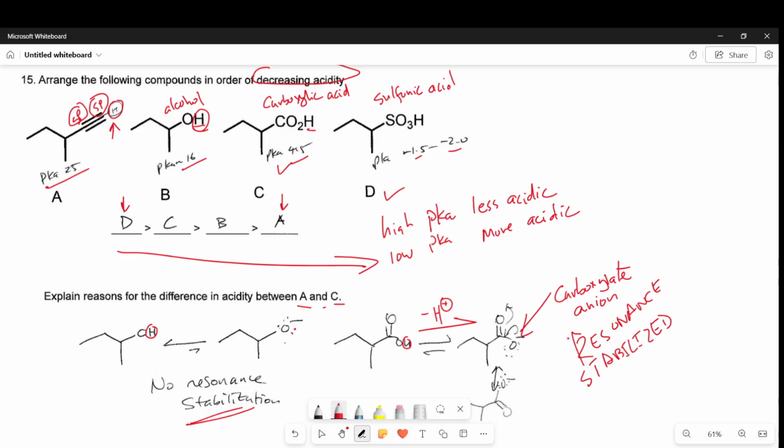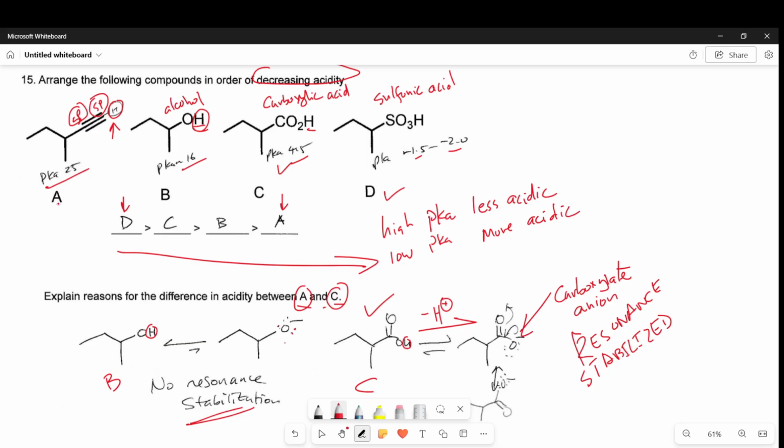Hence, this is more acidic. This is between A and C. Oh, I'm sorry, so the difference is between A and C. But still, the difference between B and C is this. But if you were to compare between A and C, I can do that also.